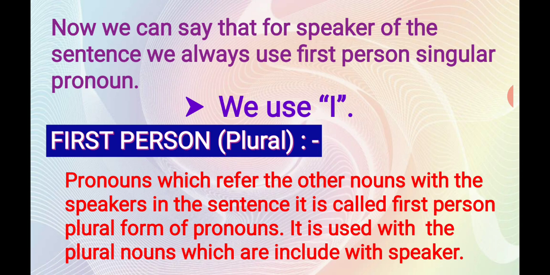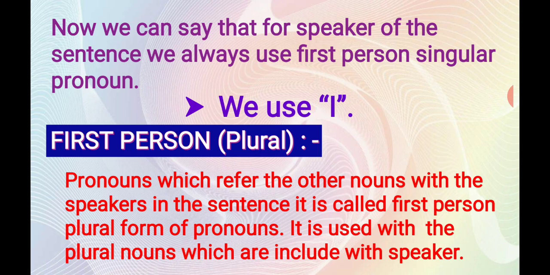So, whenever the speaker is included in the sentence with other nouns, for example, I am speaking, you are listening, and I am talking about your parents. Your parents are not present with us at this time.